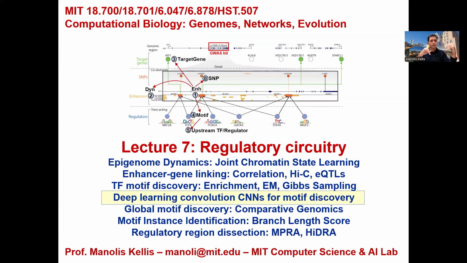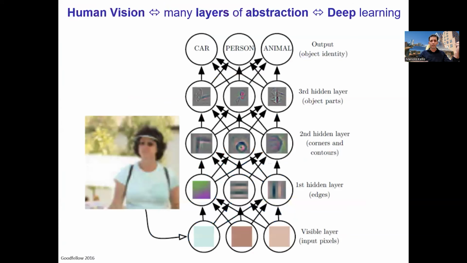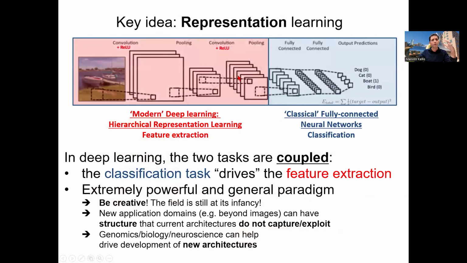But more recently, deep learning has provided additional tools for understanding genomes. And the same way that you can build from the ground up representations of images based on pixels being abstracted to lines and edges, eventually to eyes and wheels and noses, and eventually to people and cars and sailboats, then you can do the same thing of representation learning from the ground up, from the pixels to the prediction with some internal representations.